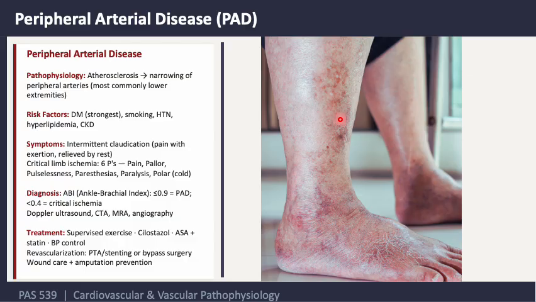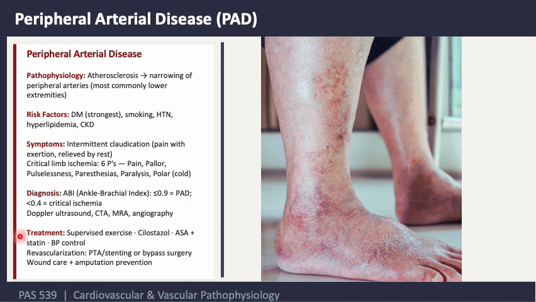Diagnosis: if you have a patient that you suspect of this, you will order ABIs, which is ankle brachial index. They're going to check the pressure and pulse in the ankle and the brachial area and compare the numbers. If the result is less than or equal to 0.9, that's significant for peripheral arterial disease.